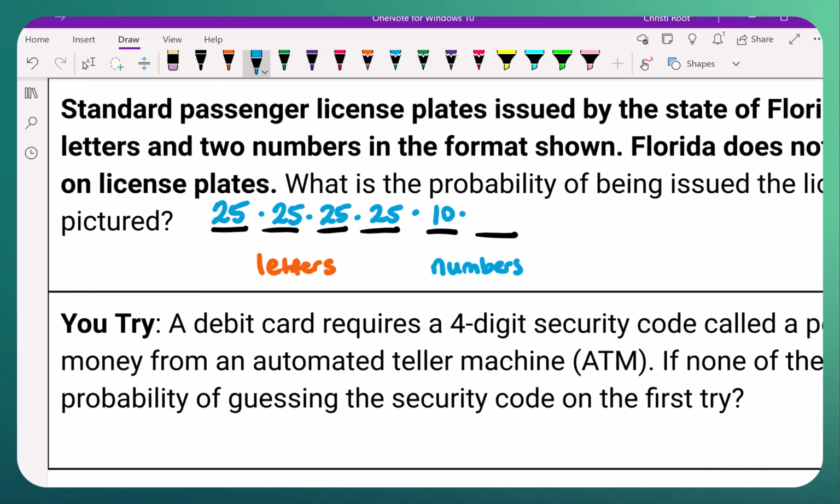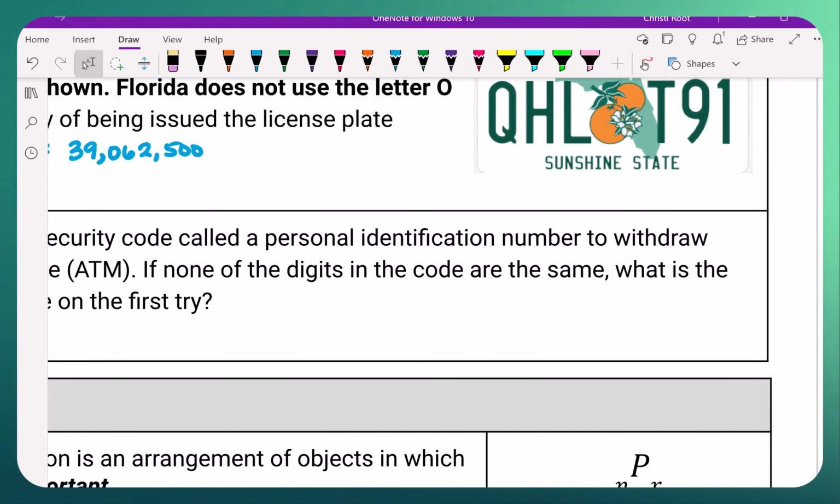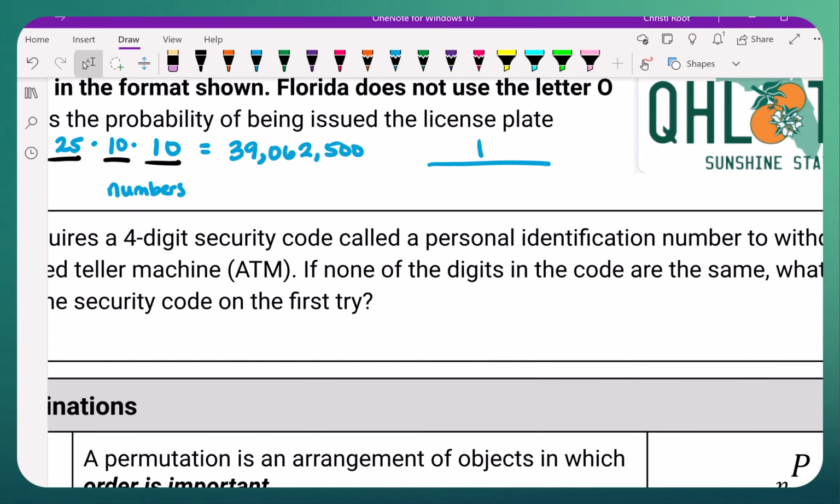I can repeat, so I'm not losing any numbers for the second one, so it'll be 10. If you type that in your calculator, you get 39,062,500 different license plates using that particular situation. So what's the probability that you're going to get that one very specific plate? It's just going to be one out of all of the different possibilities.